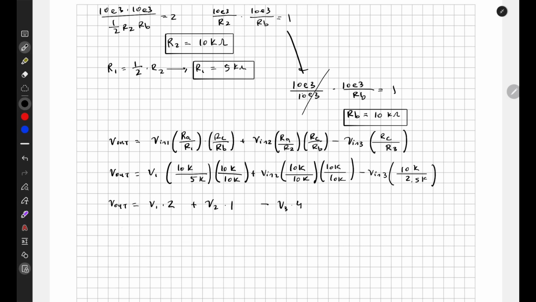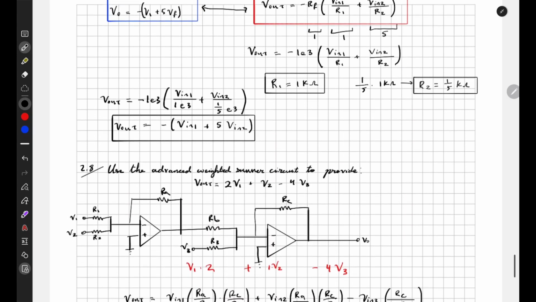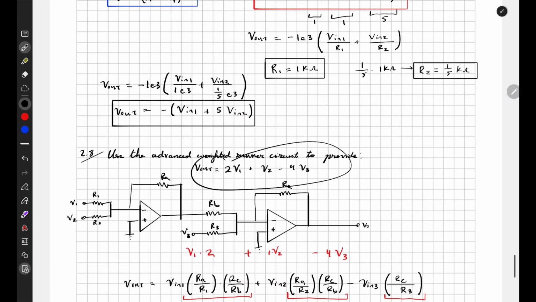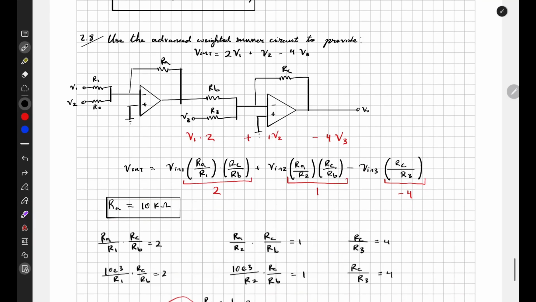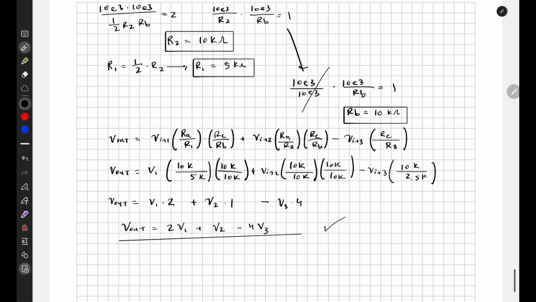Okay, so let me just rewrite to 2V1 plus V2 minus 4V3. Does this check with the question? And it does, so they match. So then we have solved for the resistor values.